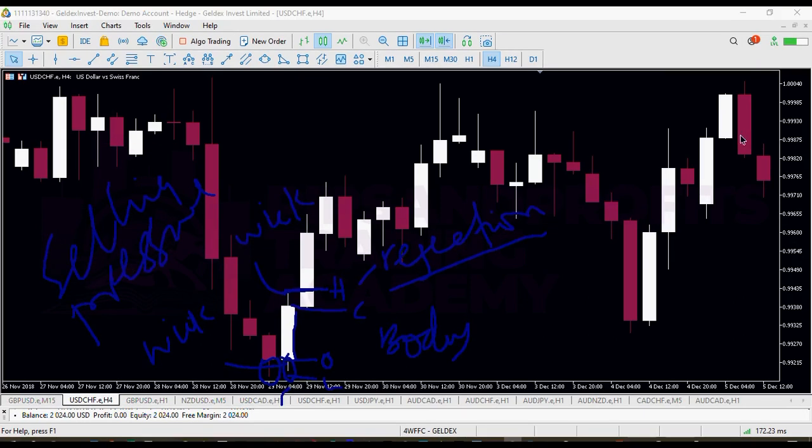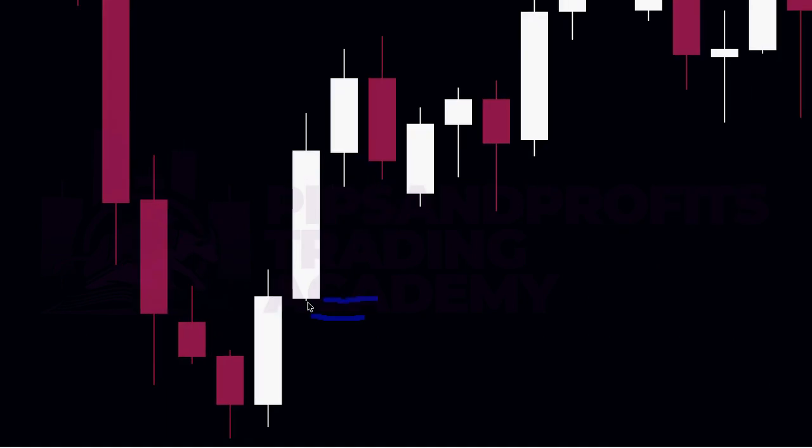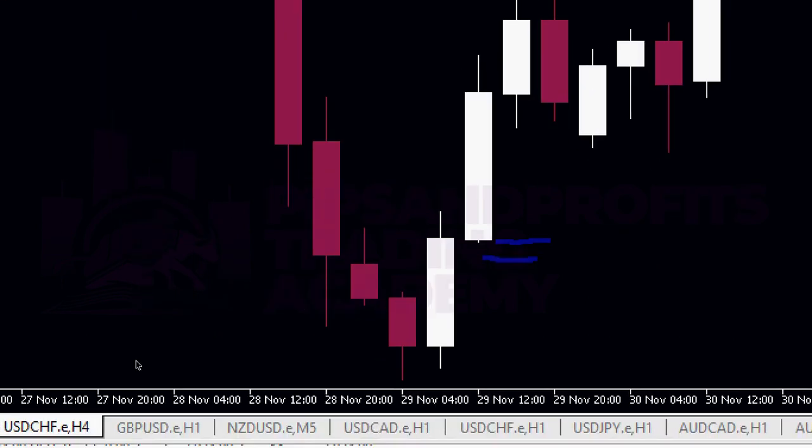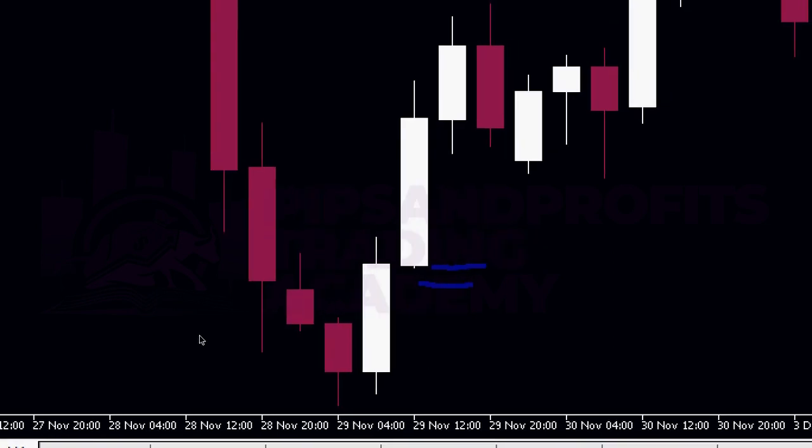And you can see it everywhere. All the white candles. You see that this particular one here, the market opened over here, then it gave us a low. You can see that the low is very, very small. Look at the low over here.